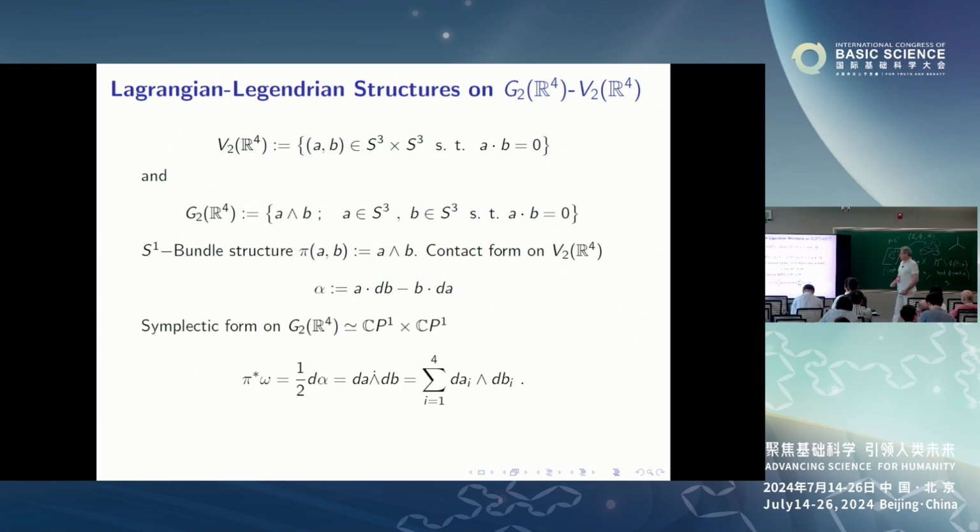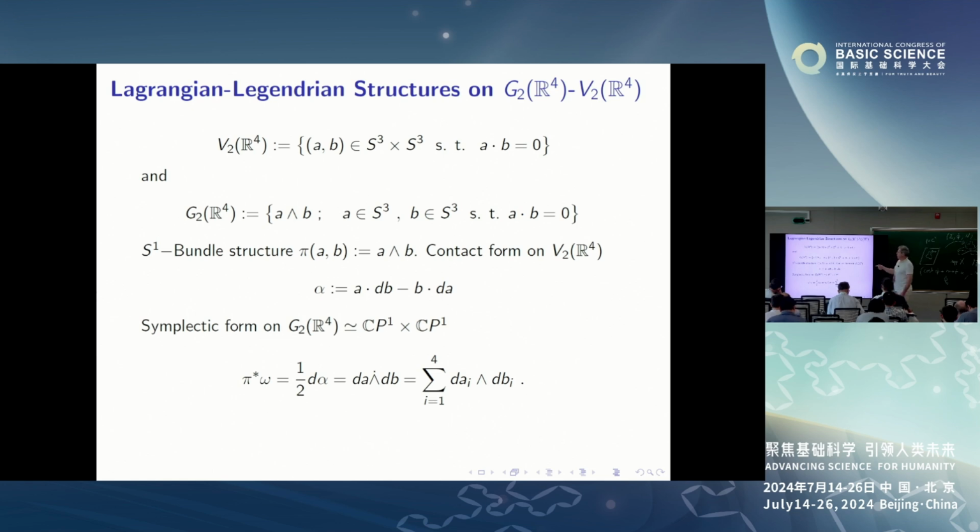And if you take this special Kähler form on this product and pull it back by the projection pi, this is the differential of your contact form. So you have this very beautiful structure between the two spaces.